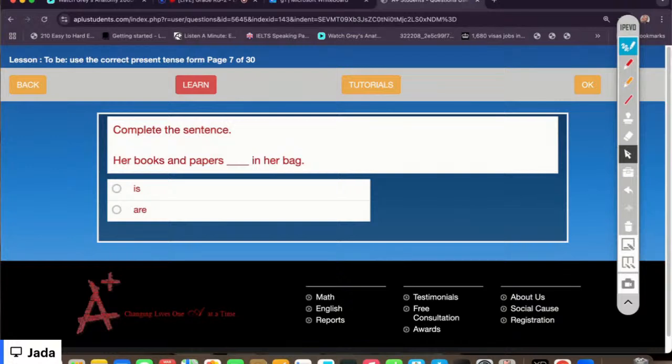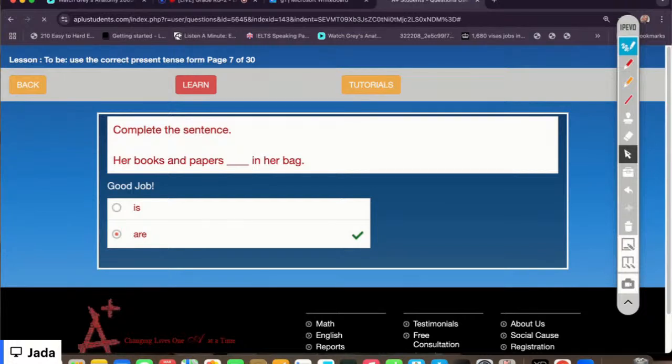So her books and papers are or is. Alright, so her books are in her bag.